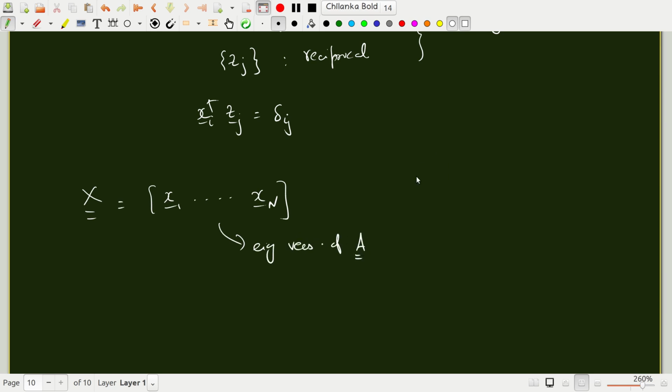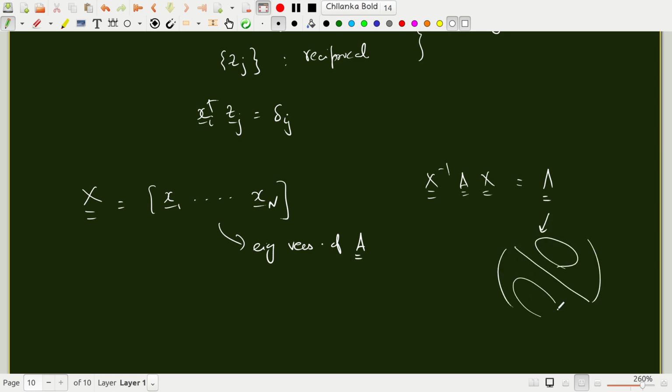Then X inverse A X is lambda, where lambda contains only diagonal entries with the eigenvalues of A, otherwise it's 0. This is the advantage of having a perfect matrix, that you can still diagonalize it.